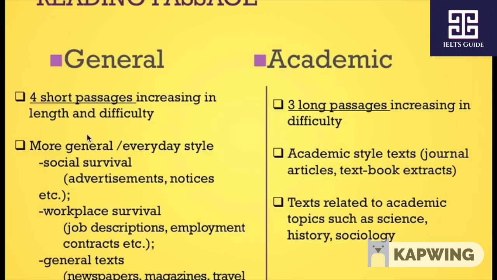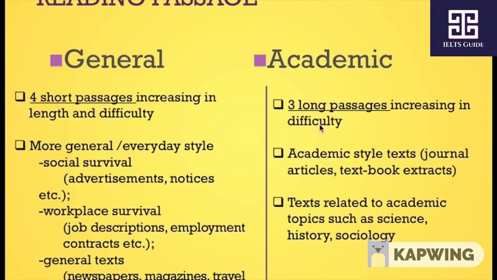The topics of those passages are more general and everyday topics, such as advertisements to test your social survival, or job descriptions and contracts to test your workplace survival, and newspapers or magazines, travel brochures, just to test your general everyday, day-to-day English survival instincts.